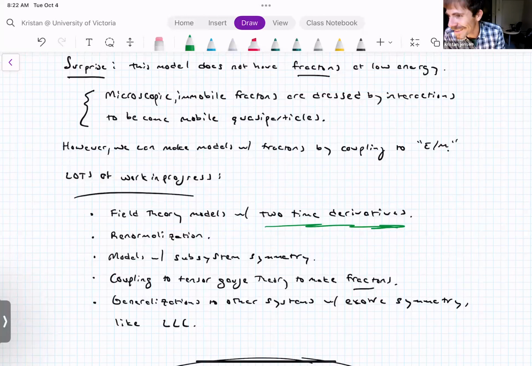That's kind of what you're asking at some level. And indeed, what happens is that the one-time derivative models are really more like many-body quantum mechanics, with, in this case, 2-to-2 interactions. They're much softer in the UV than things with two-time derivatives.